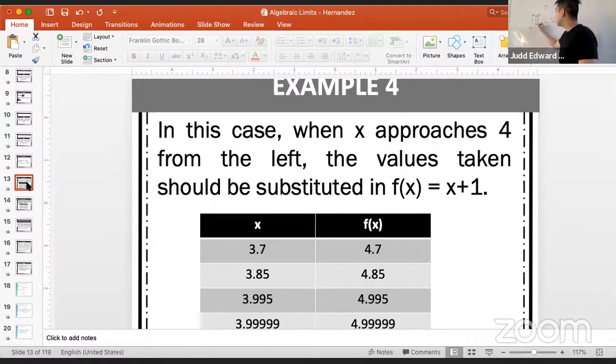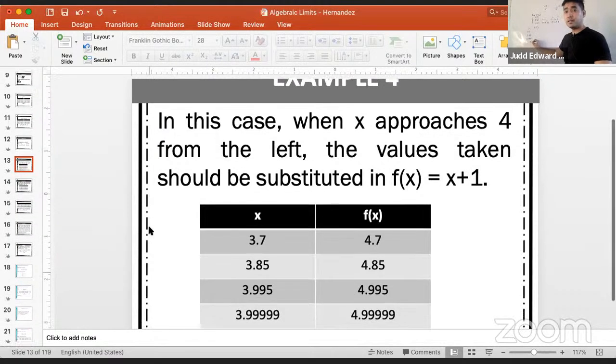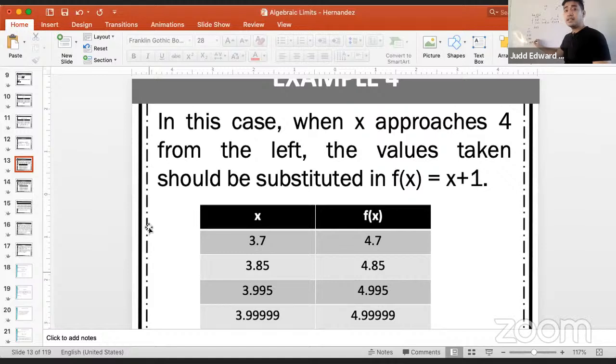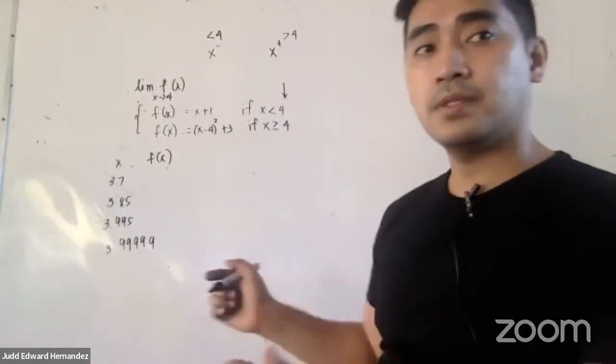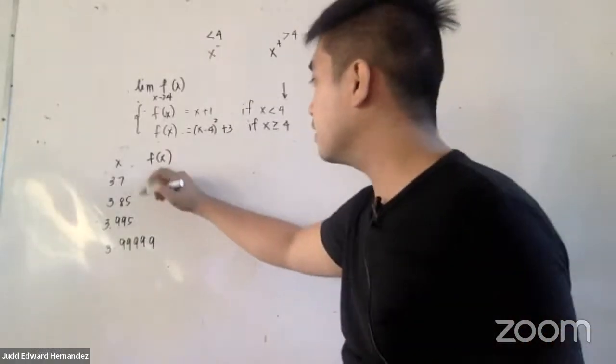Okay. So, ibig sabihin, dun sa gagamitin natin na x plus 1, this is x. Sorry, this is x. This is f of x. Okay. So, magbigay ako ng mga values, ha. This is 3.7, 3.85, 3.995, and we're also given 3.99999. Ayan, para mas malaki yung ano natin.